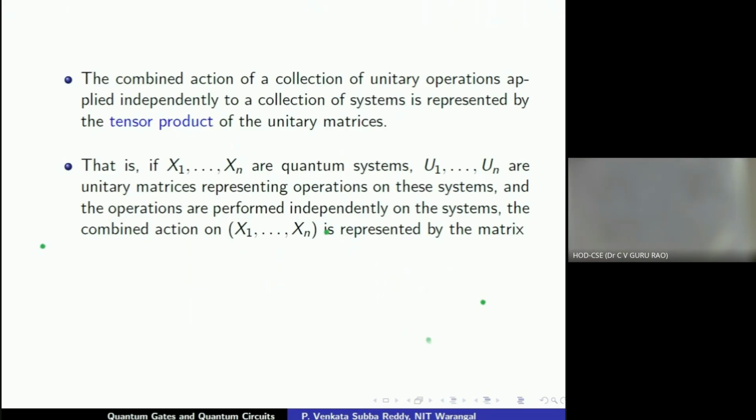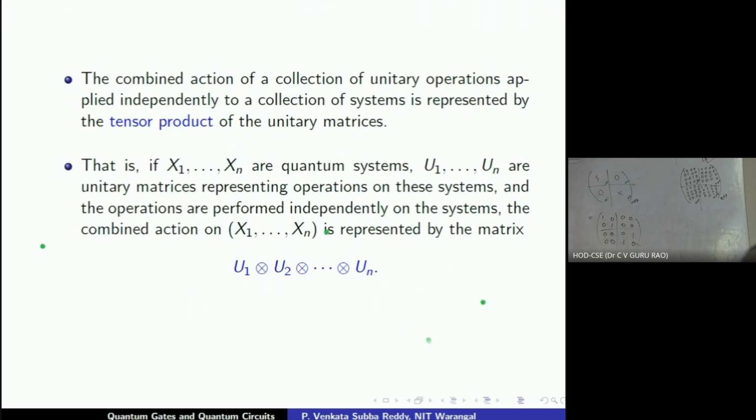It is the Cartesian product of all these n sets. What is the unitary operation corresponding to this entire system? The tensor product of all these n operations. Here you can see the answer: first system U1, second system U2, last system UN, given by tensor product. We know what classical states and operations are; that much we need to know.